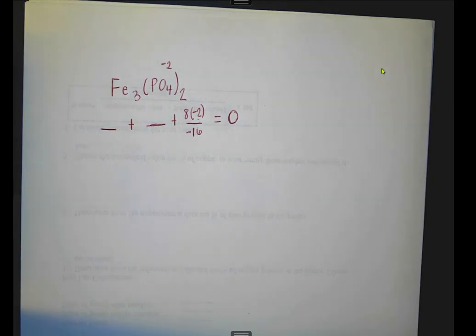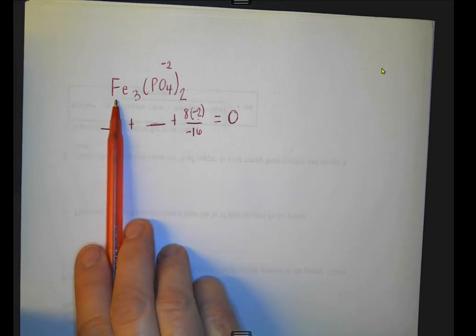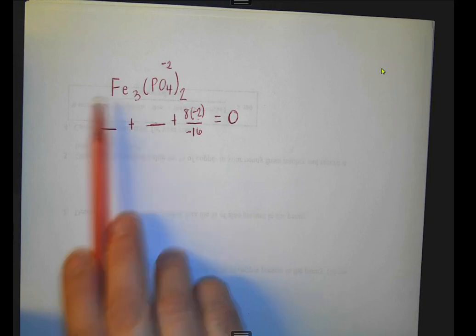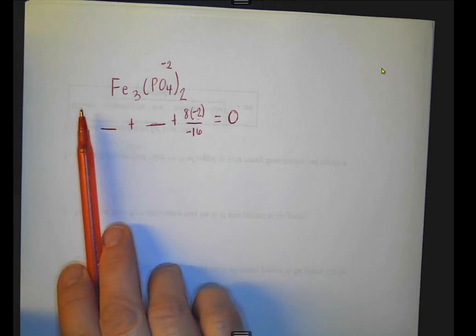Now, I always start with oxygen, and if I've got a formula that has 3 elements in it, after I assign oxygen, then I go to the first chemical. In this case, it's iron. Okay, iron is a single element ion, and iron has 2 possibilities of charges. It has a possibility of +2 or +3.